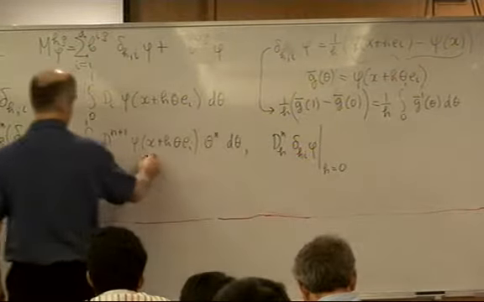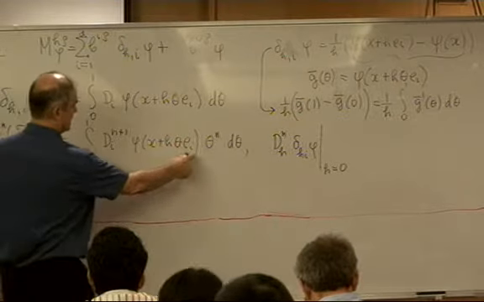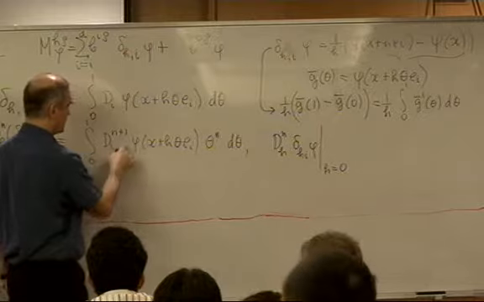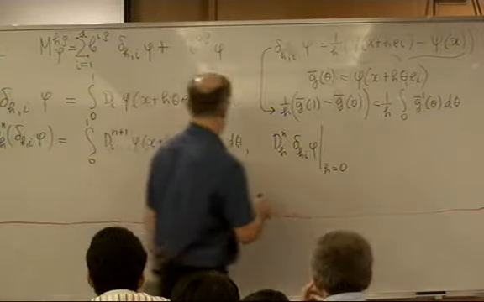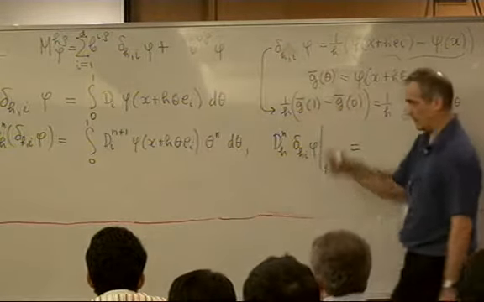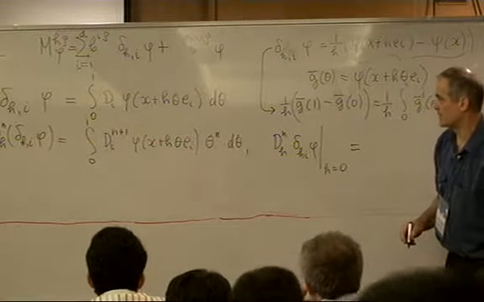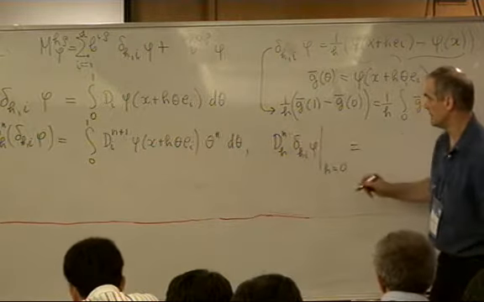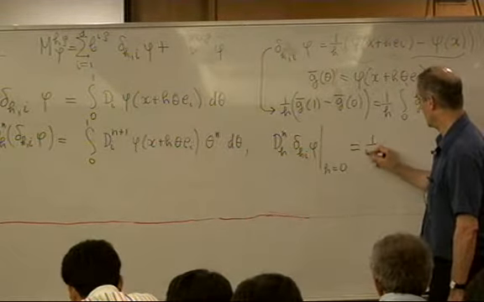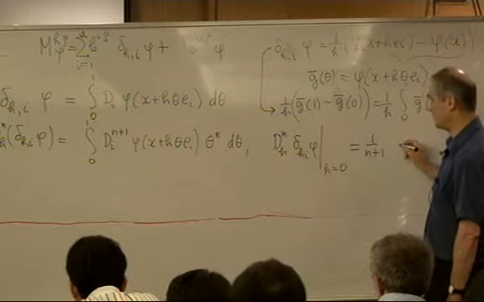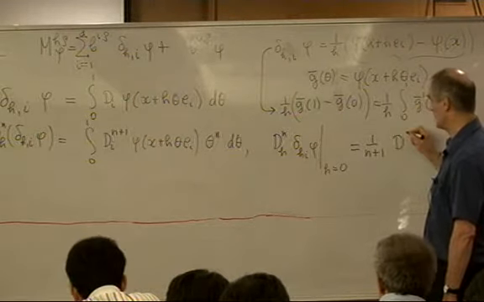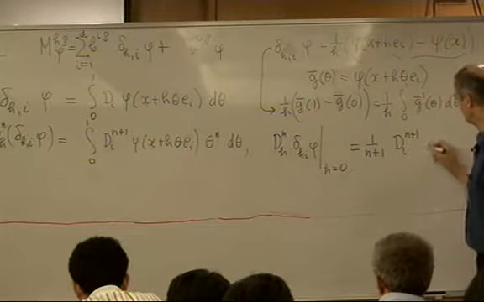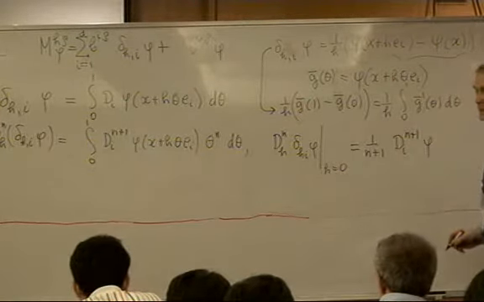Then this part equals 0, and we have the derivative of phi of order n plus 1 in the direction of i, and the theta n should be integrated, so we got 1 over n plus 1 and the derivative of order n plus 1 of phi.